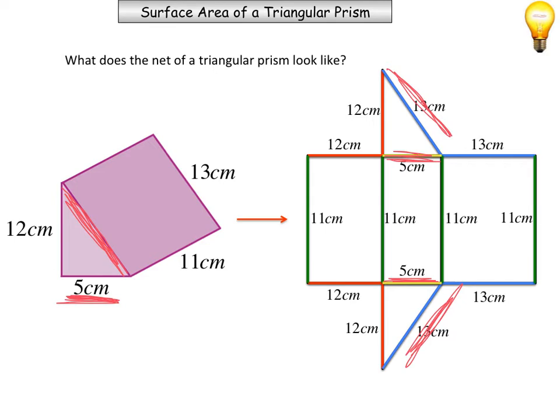We've got that length here, which is going to be that length, and then you can see the rest of them just follow by looking at the dimensions of the rectangles. So if that's 11, that's 11, that's 11, and that's 11. That one will sit on that side, so that's 13, same as that one, and this 12 will sit on that 12, and same reason why those two are both 12.